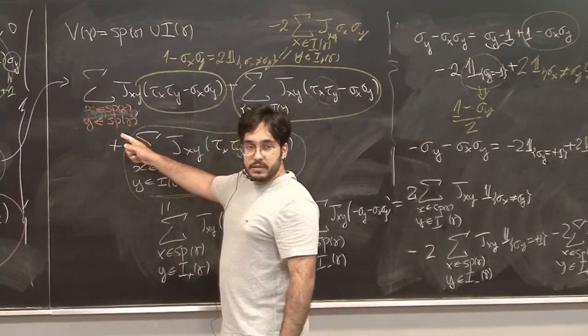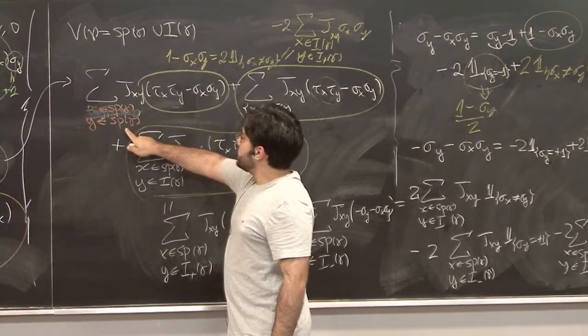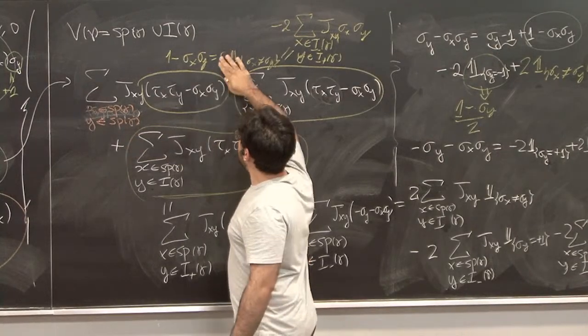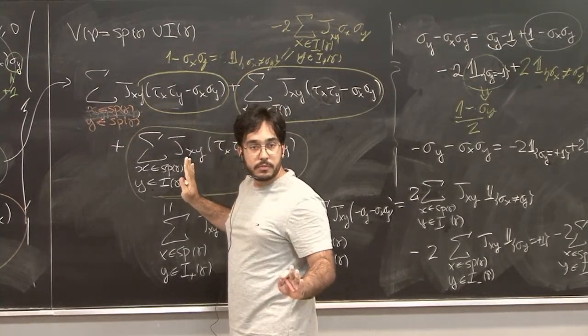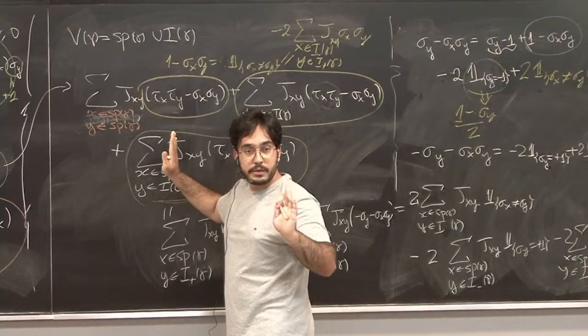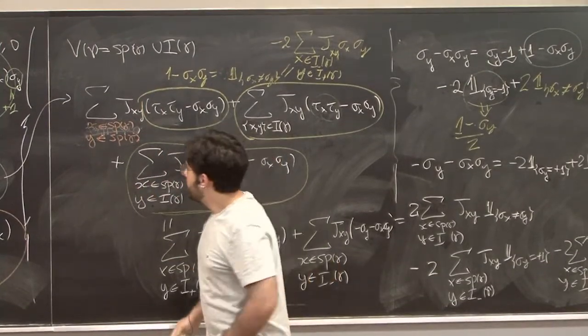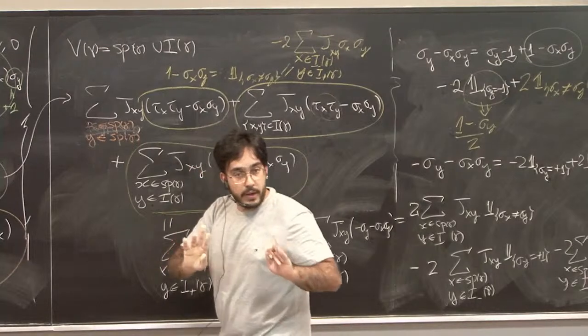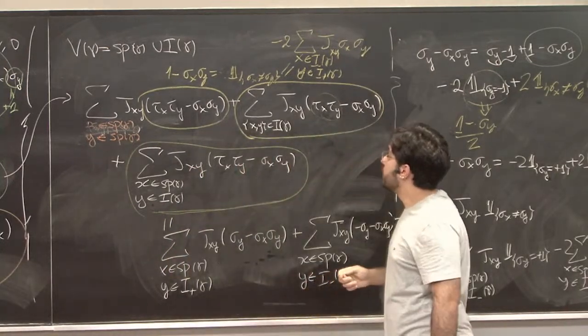We already did this trick before, but when I do this, the cost is that I need to erase the 2 because I'm doubling the sum. I'm counting pairs twice. This is the thing.